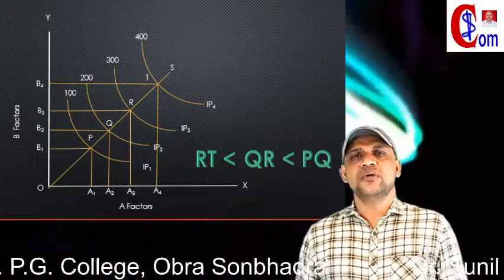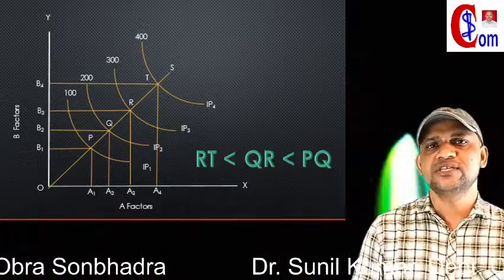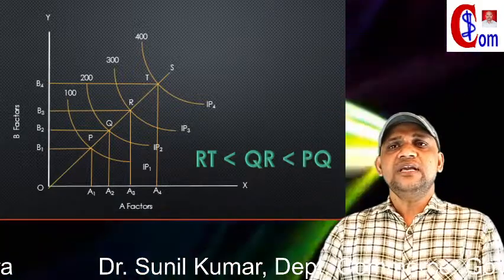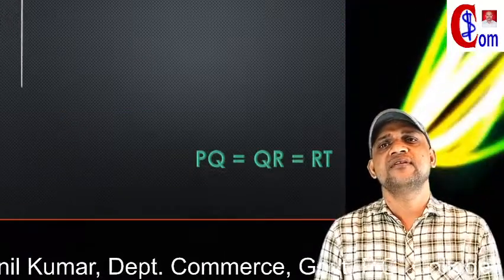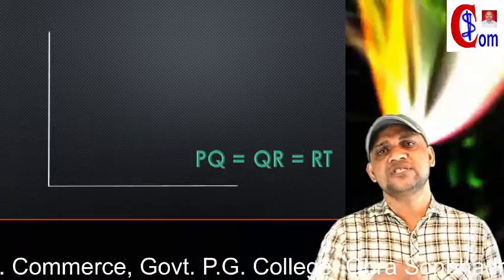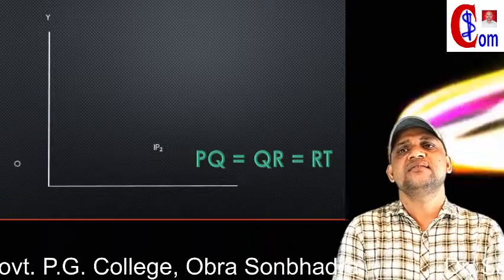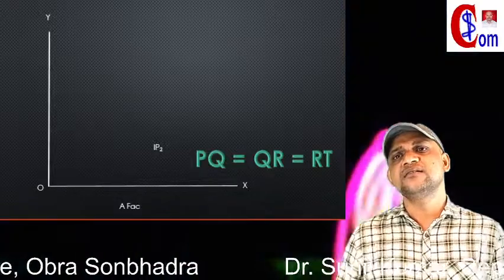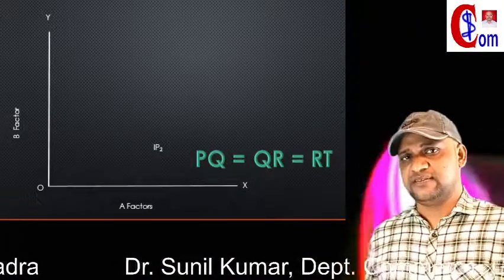I am going to explain the second stage in returns to scale, and that is constant return to scale. If an increase in all inputs in the production process leads to a proportionate increase in output, then the returns to scale are said to be constant.